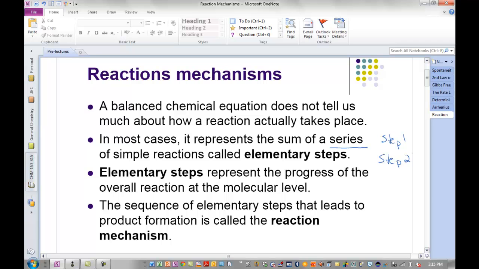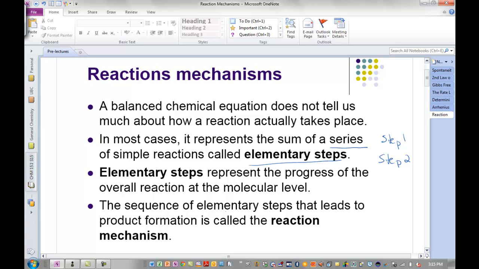And those simpler steps that add up to the reaction, we call those elementary steps. Makes sense, right? We're going to break the reaction down into simpler steps that better represent how the reaction happens. So bullet 3, elementary steps represent the progress of the overall reaction at a molecular level, truly what's going on, what's reacting with what at any given moment in the reaction.